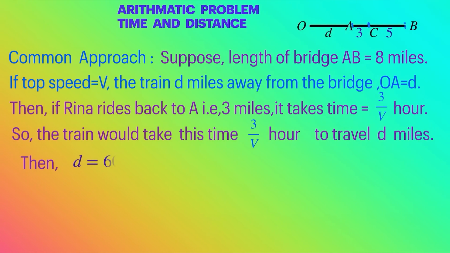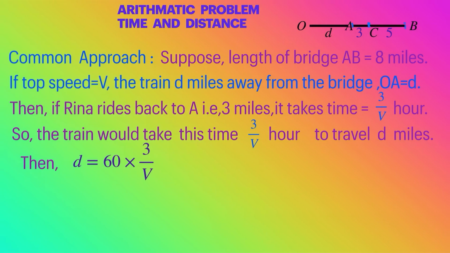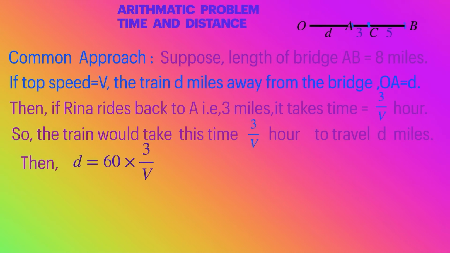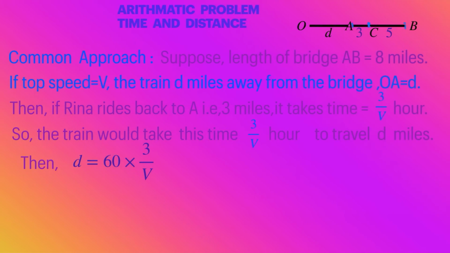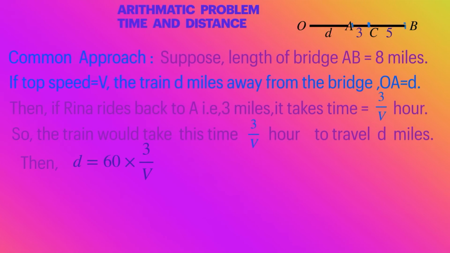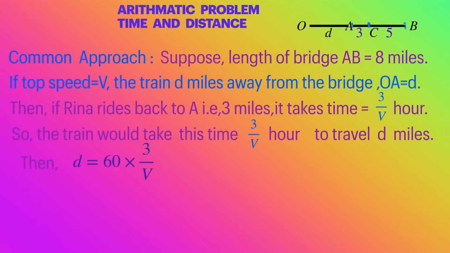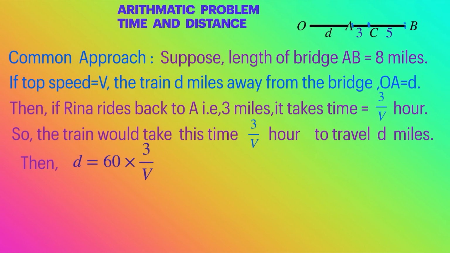Then we may get this equation because distance equals velocity into time. So the train would cover the distance D, and here it would get the time 3 by v hour.